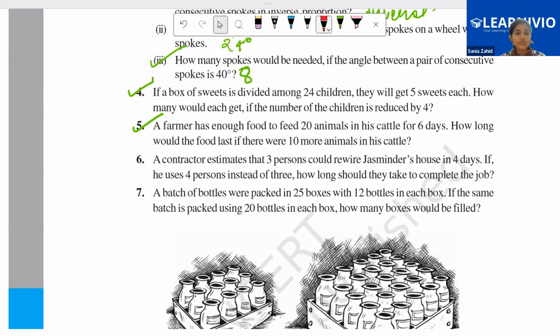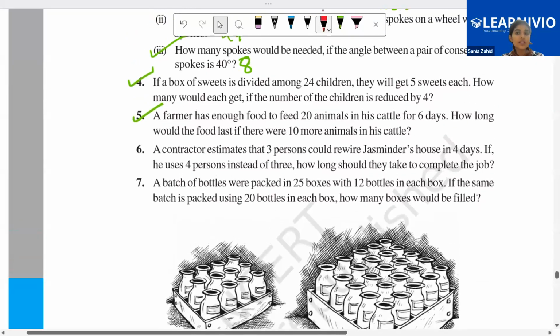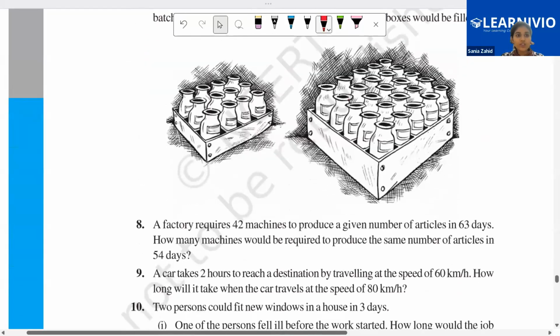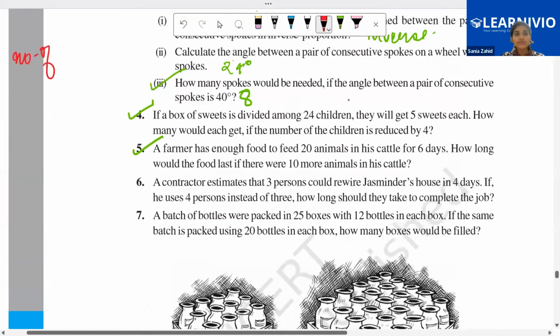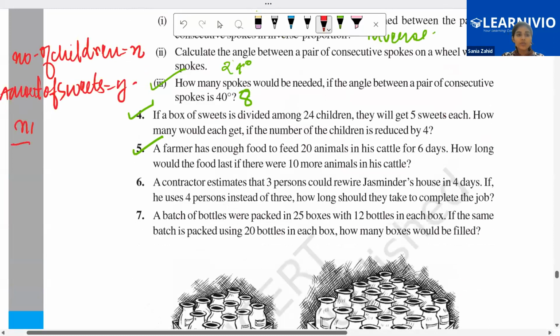So in a box of sweets divided amongst 24 children, they'll get 5 sweets each. So first of all, the number of children is 24, X. The amount of sweets is Y. Now we use the formula X1 upon Y2 is equal to X2 upon Y1.